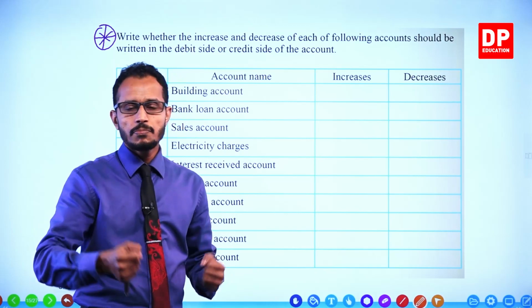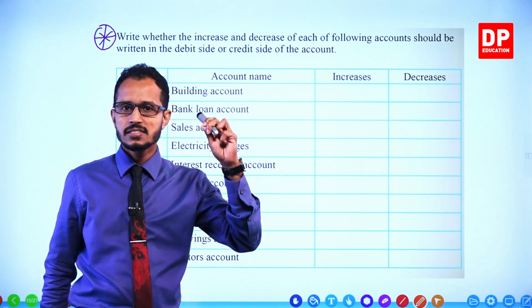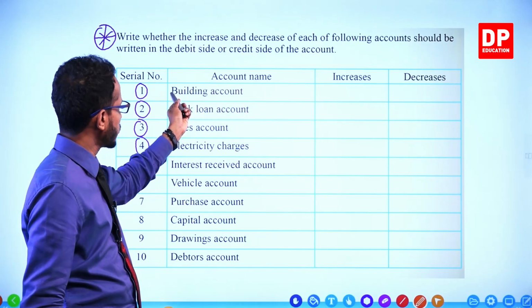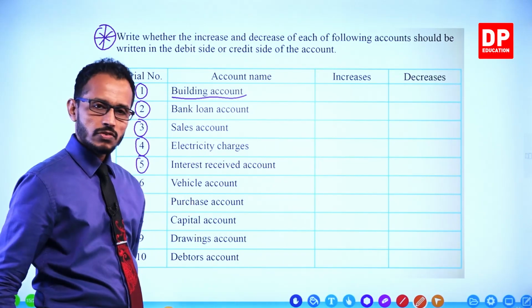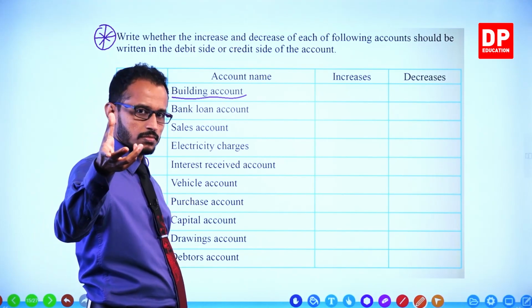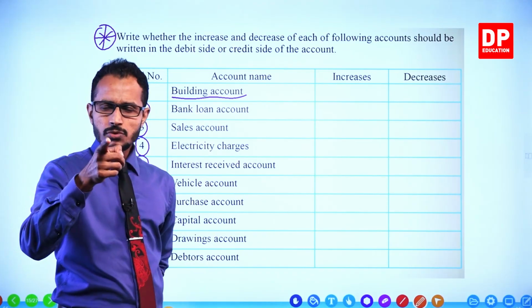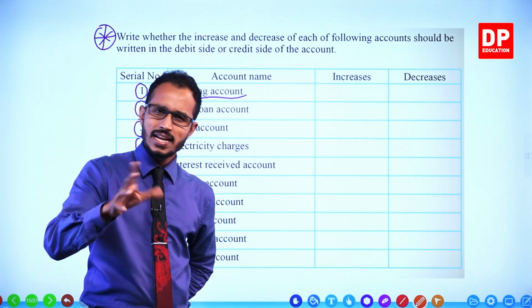What type of an account is this? First, you should decide that. Now tell me, is the building account an asset account, or is it a liability account, or is it an expense account?